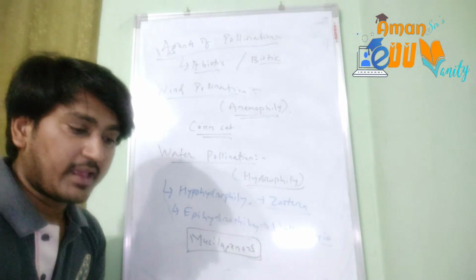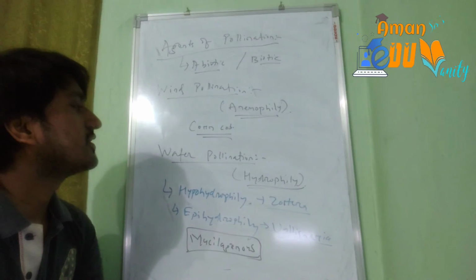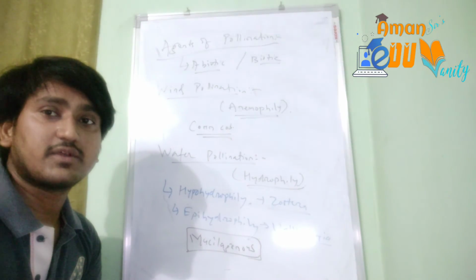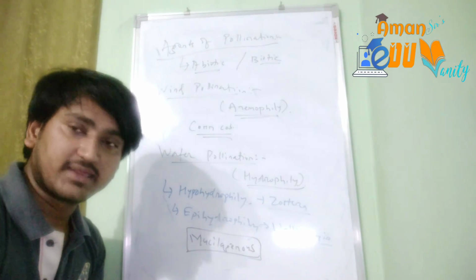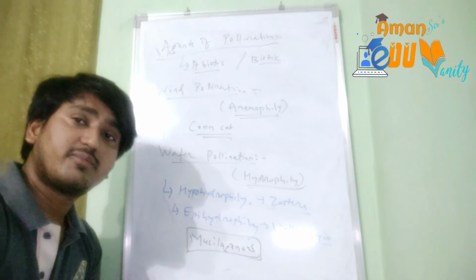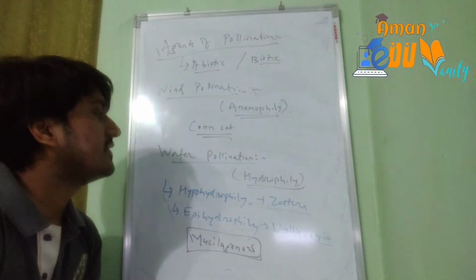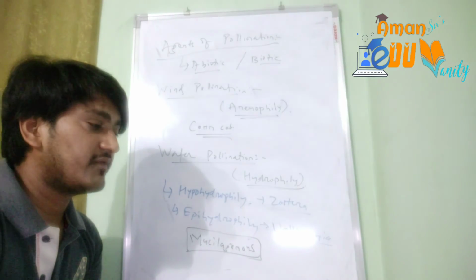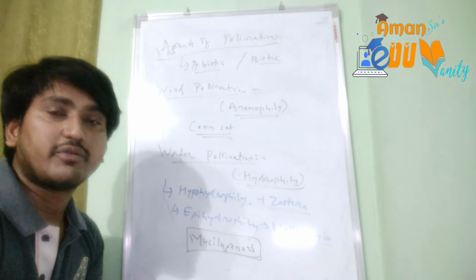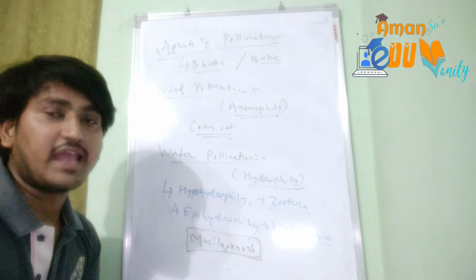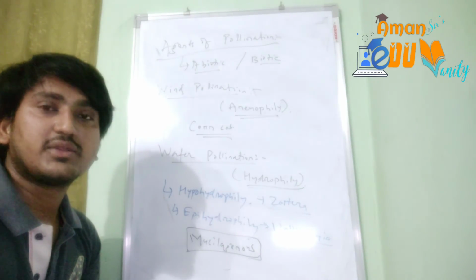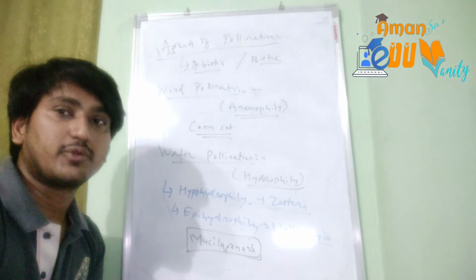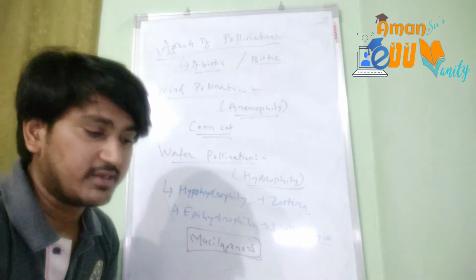Another thing: in both these processes there is a wastage of pollen grains, because to assure pollination a large number of pollen grains are produced, and many of them cannot reach the female flower in time, so many are wasted. So it is not an economically beneficial process for this kind of flowers.